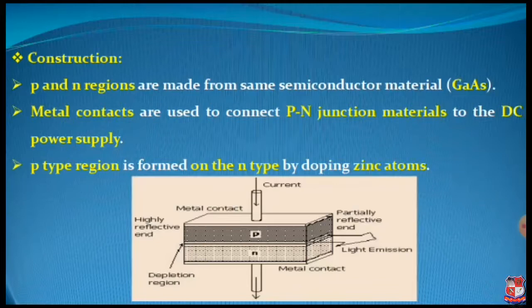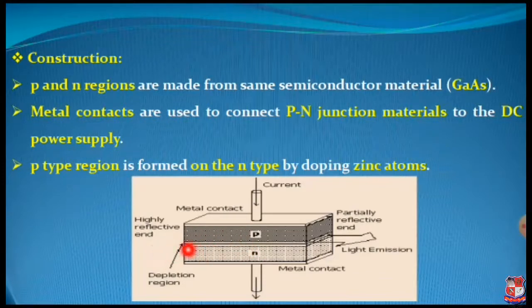The P and N regions are made of the same semiconductor material, gallium arsenide. Metal contacts are used to connect the P and N materials to the DC power supply, and you can see the arrow which represents the direction of current.